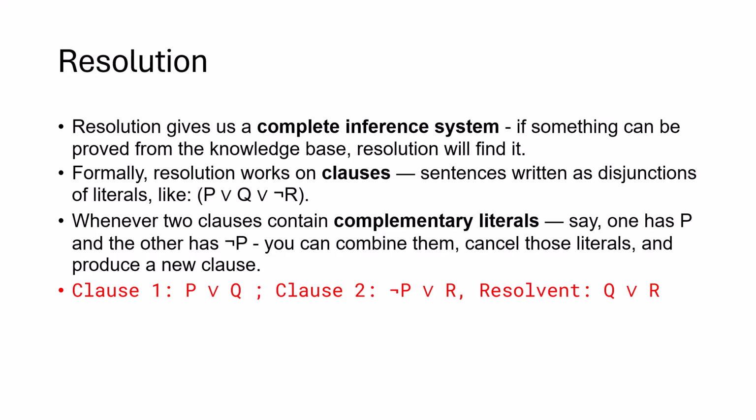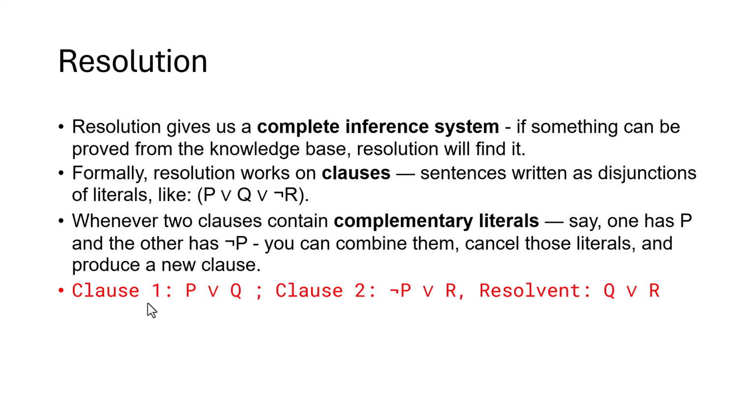Formally, resolution works on clauses, sentences written as a disjunction of literals, like P or Q or not R. Whenever two clauses contain complementary literals, say one P and the other one not P, you can combine them, cancel those literals, and produce a new clause.